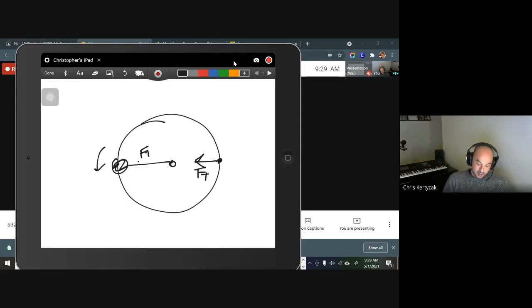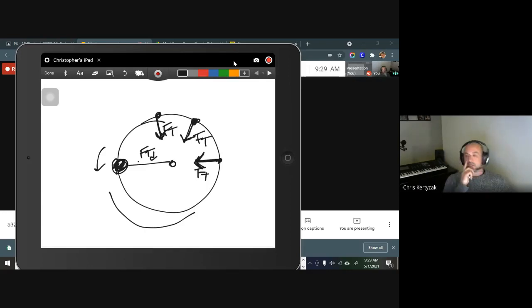This is some tension in the rope. If the ball is going round and round, and you have the tension right here, the tension is always pointing in. As I said, actually, was I going to say the horizontal or the vertical example of what I was going to say?